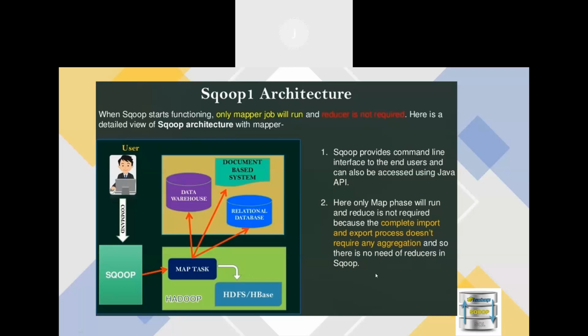Sqoop provides a command line interface to the end user and can be accessed using Java APIs. Only the map phase will run and the reduce is not required because the complete import and export process does not require any aggregation. I hope you remember that in the reduce we do a sum of all the information. That is not required here, so that is why the reducer is not working. It is only import and export.